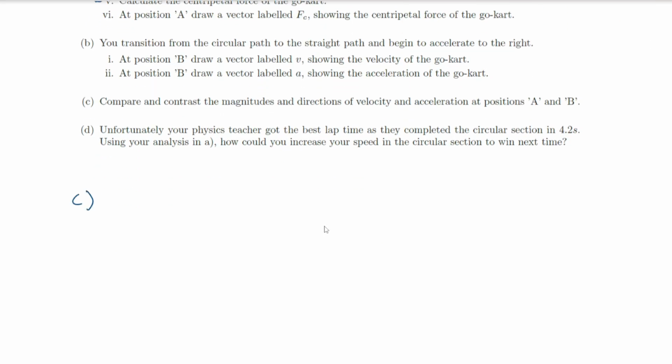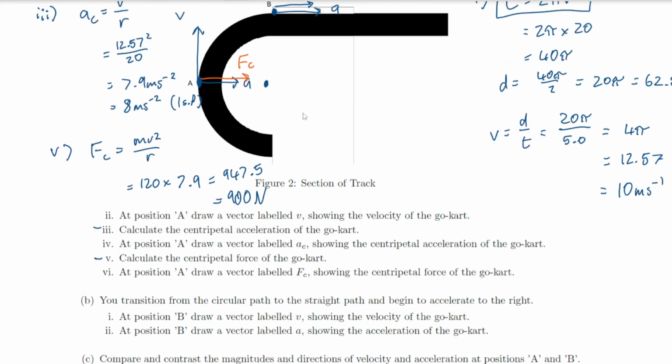So at position A, what do we know? We know that V is up, A is right. We know the magnitudes as well. We worked those out.